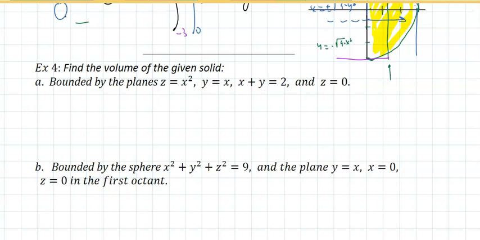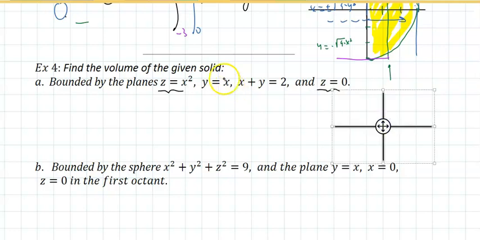Okay, example 4. Find the volume of the solid bounded by z equals x squared, z equals 0. So we know how that works. It's running from the ground up to z equals x squared.